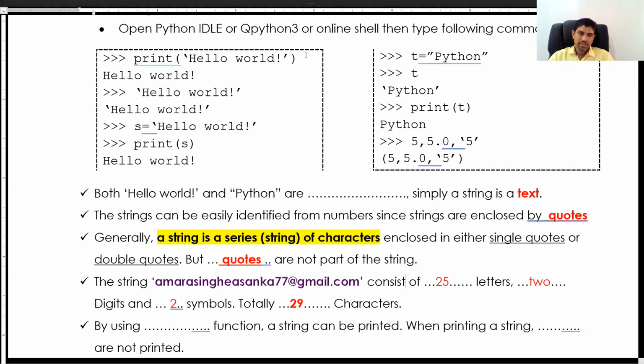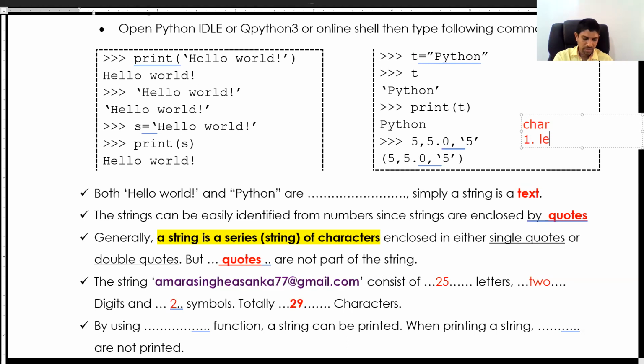Normally, when it is a string, there are 3 types of characters. Characters are simply denoted by char. When it is char, there are 3 types of chars.